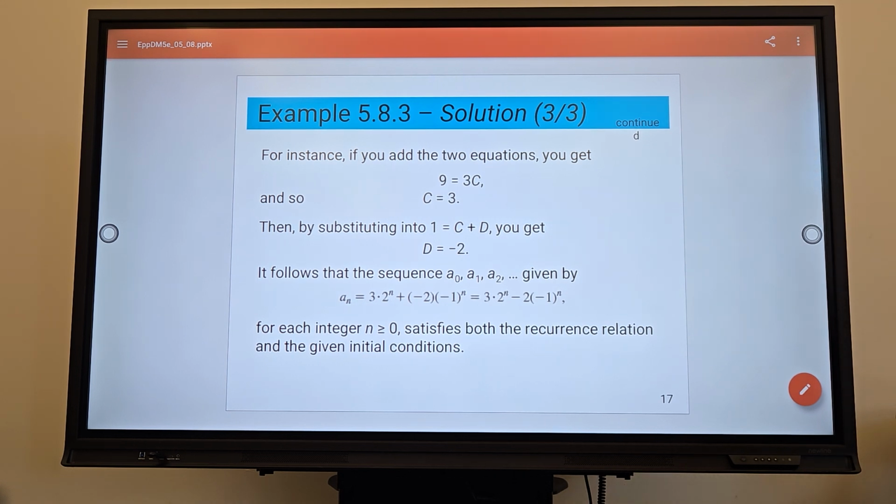It then follows that the sequence a_0, a_1, a_2, etc., given by a sub n equals 3 times 2 to the n minus 2 times minus 1 to the n for each integer n greater than or equal to 0, satisfies both the recurrence relation and the given initial conditions.